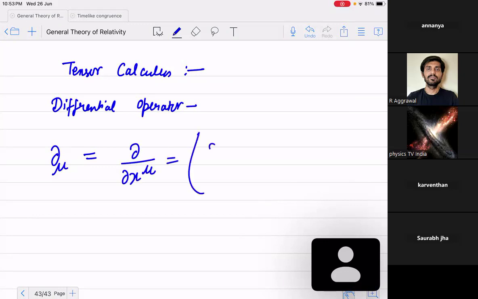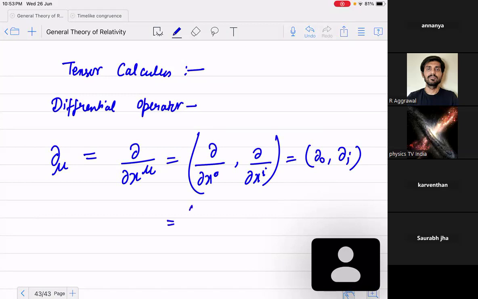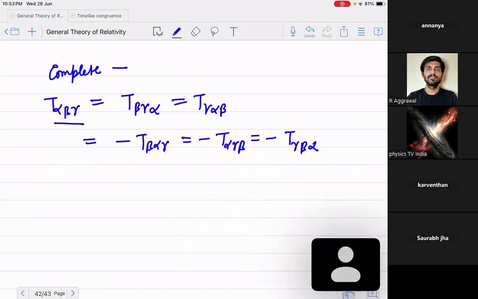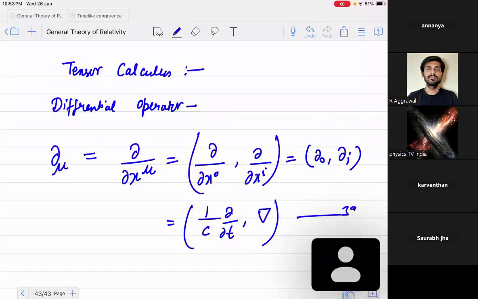Really it is del upon del x 0, del upon del x I, or in short form del 0, del I. And del over del x 0 is 1 upon c del over del t. It is equations 37, 38, 39.